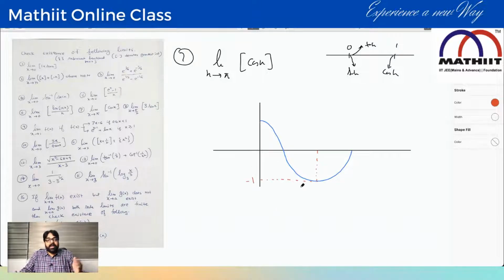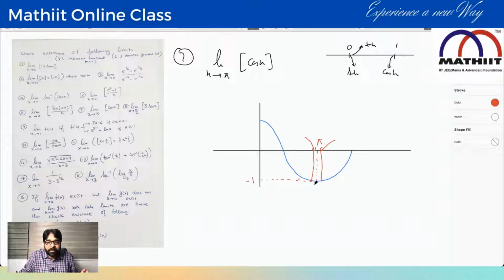Look carefully. Limit x approaches pi means you are moving towards pi. Either you move from the left hand side or from the right hand side, at pi the value is minus 1. But just before pi or just after pi, the value is bigger than minus 1. Corresponding to this also, my graph is going up like this now.